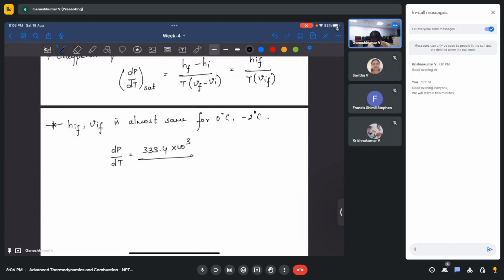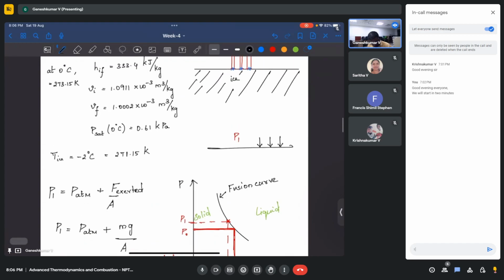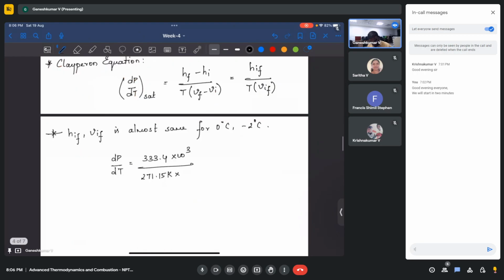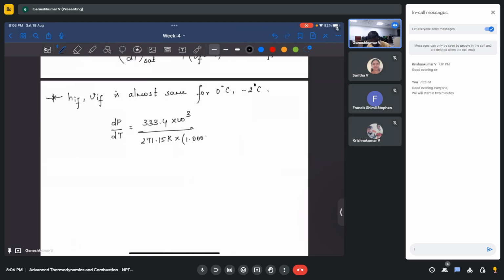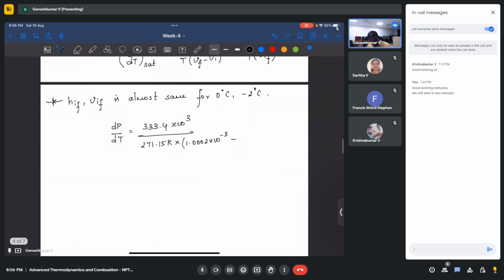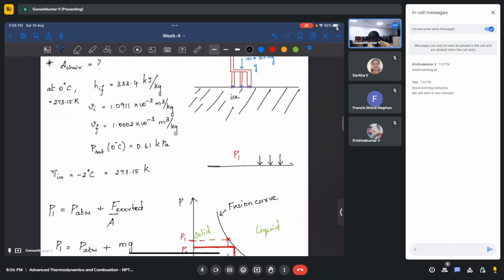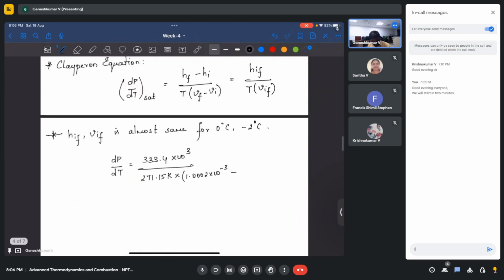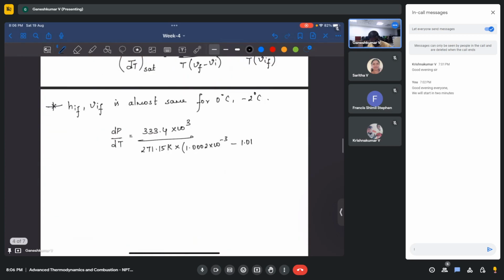Okay, so if it is minus 2, it's going to be 271.15 Kelvin times Vf minus Vi, 1.002 into 10 power minus 3 minus 1.0911 into 10 power minus 3, right? So how much is dP by dT coming now?